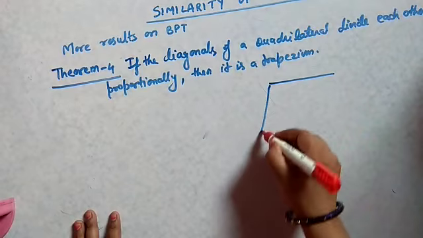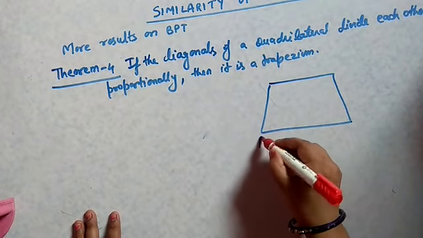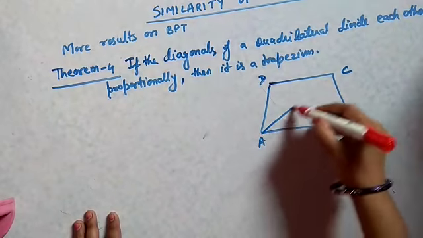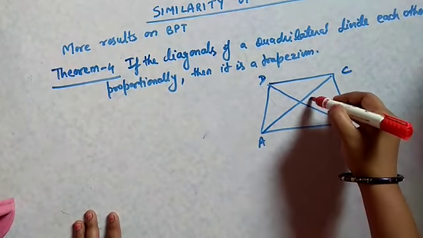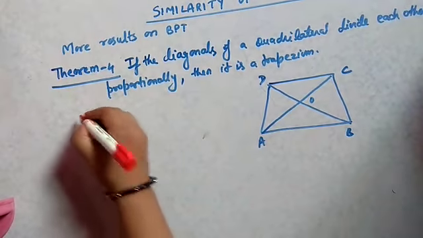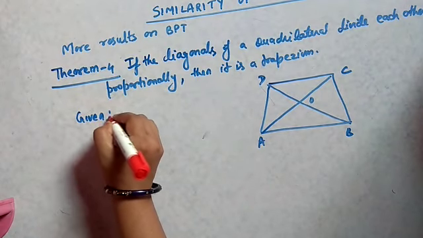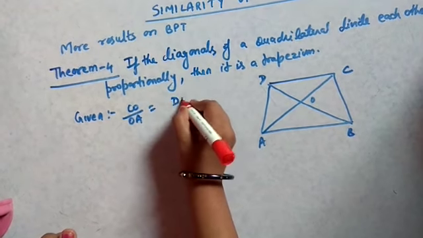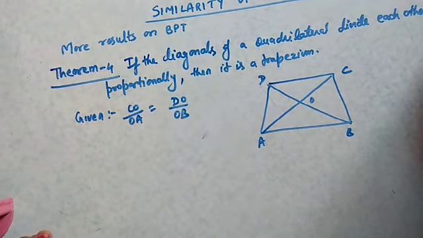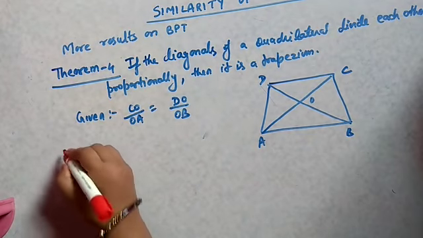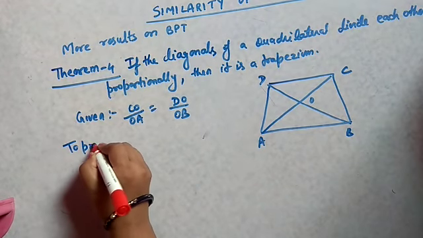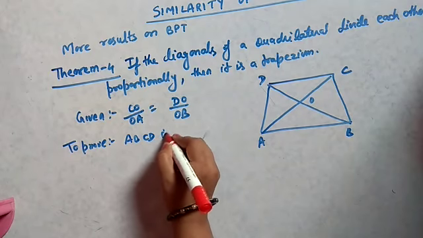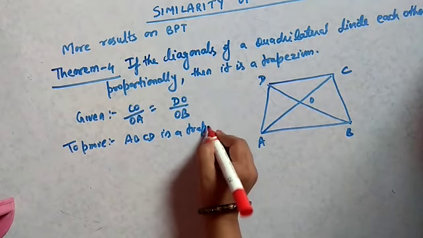So here it is given that we have a quadrilateral ABCD whose diagonals are dividing each other in proportion. So it is given CO by OA equals DO by OB. We have to prove that ABCD is a trapezium.